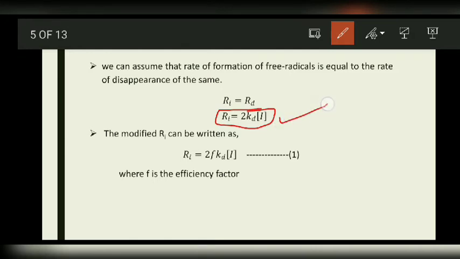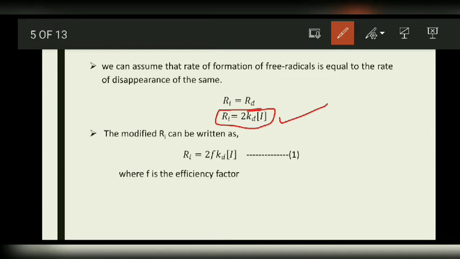This equation holds good only when all the free radicals generated will initiate the chain, but in reality that is not so. The radicals obtained may get lost by collision with some other molecule, or they may get lost due to the formation of side products.